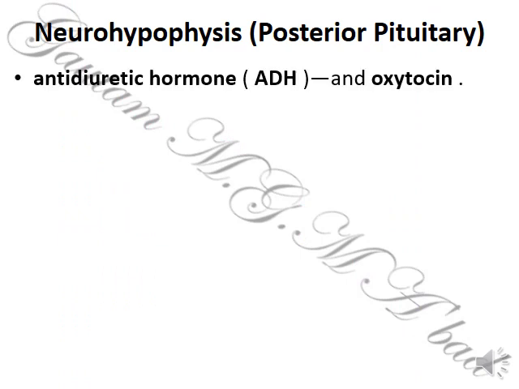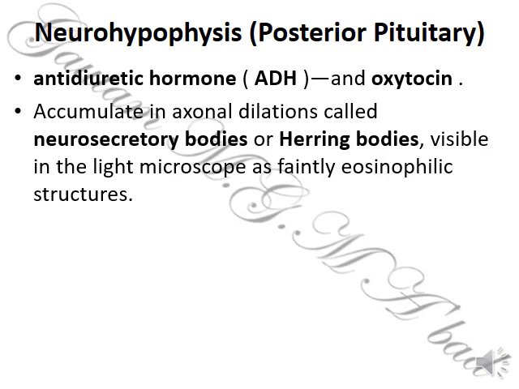One is antidiuretic hormone, ADH, and the second is oxytocin. Do you know ADH? If you remember, in physiology you must have talked about ADH receptors. Where are they present? They are present on the nephrons. In which part of the nephron is the highest amount of fluid retention done? The name itself says antidiuretic hormone, so it reabsorbs more water.